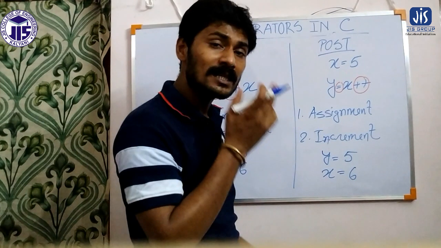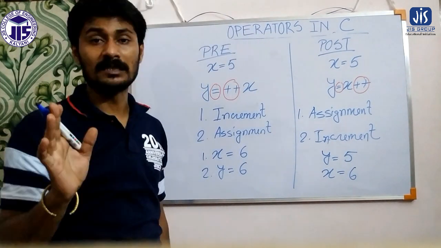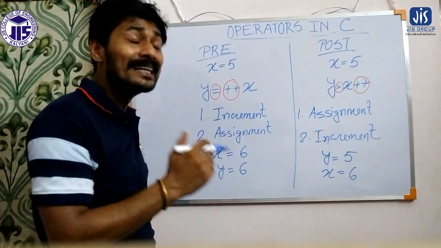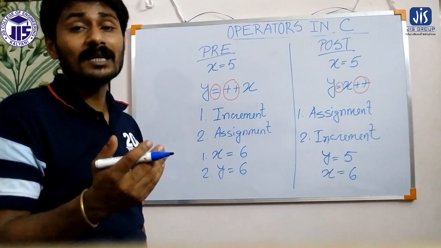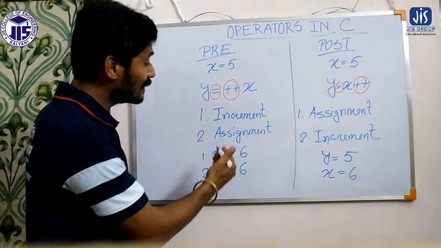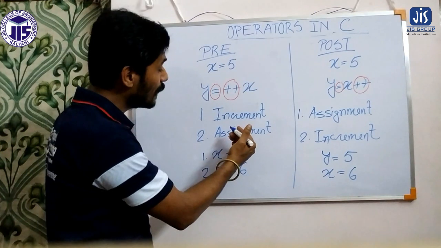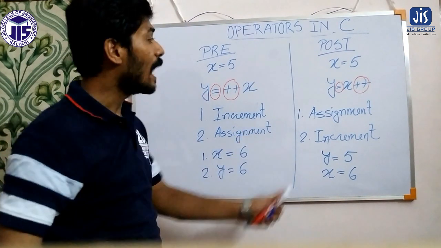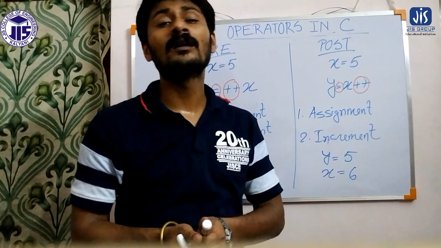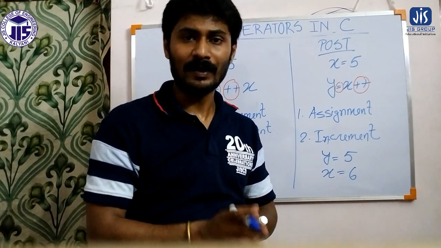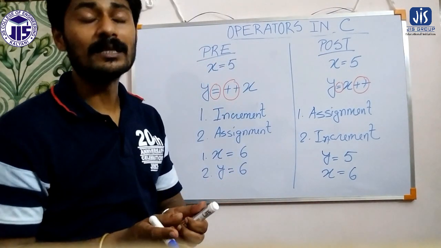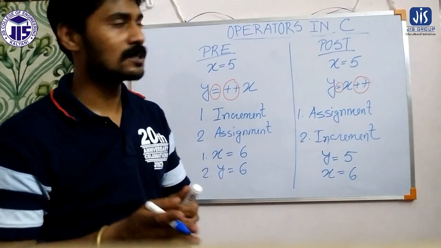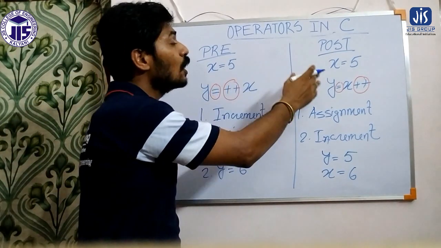So in both the cases the value of x will increase, but the increment operation will be performed before assignment in case of pre, and after assignment in case of post. Increment will be done, that is similar, but the sequence, whether it comes first or last, depends on pre or post.